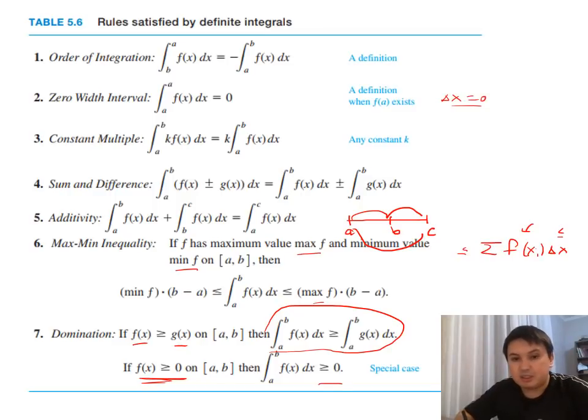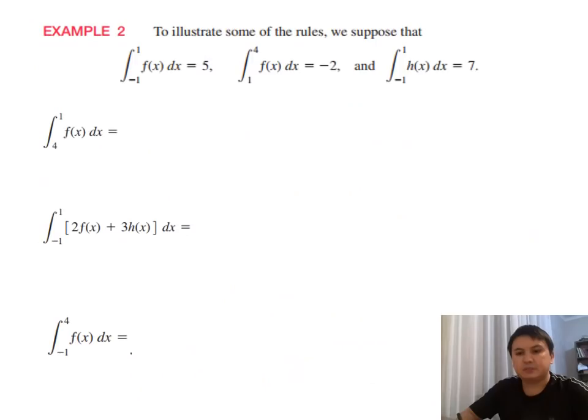As I said, all these properties follow from the Riemann sum. I would definitely suggest for the students to try to prove them, and then, if necessary, ask me or your practice instructor during office hours.